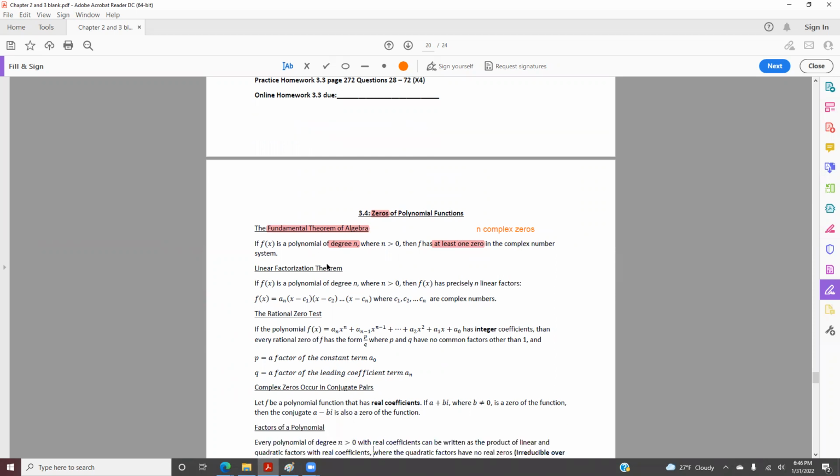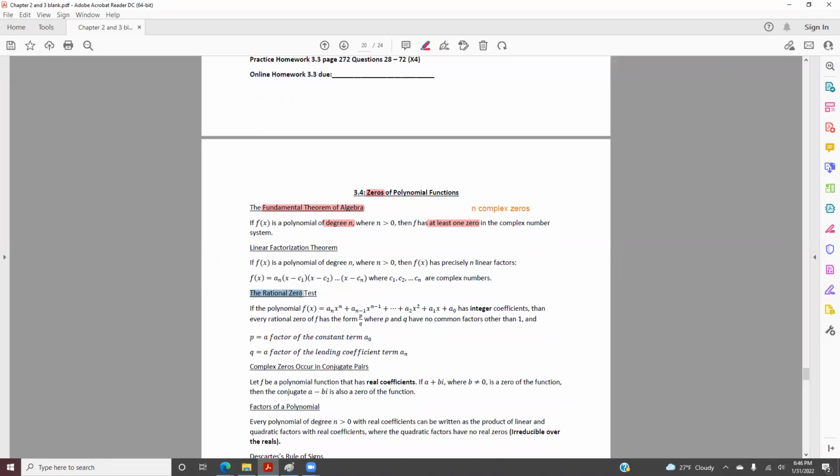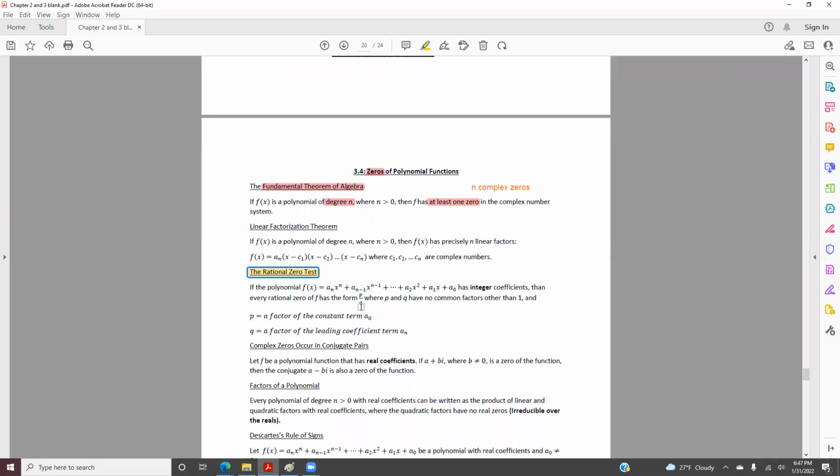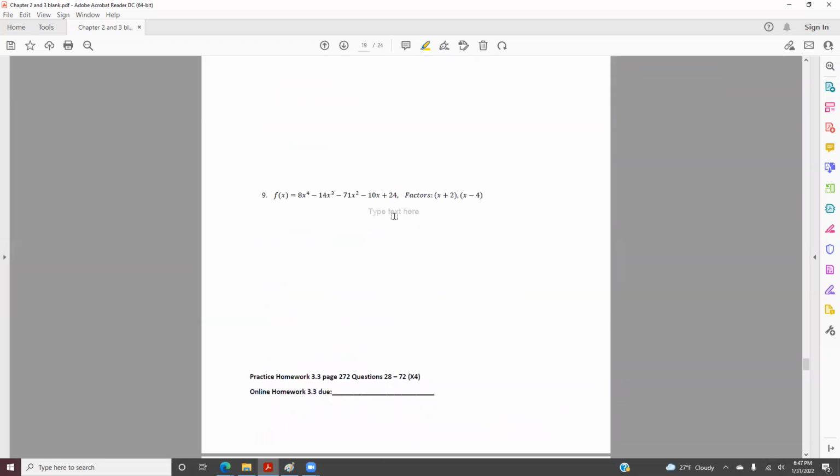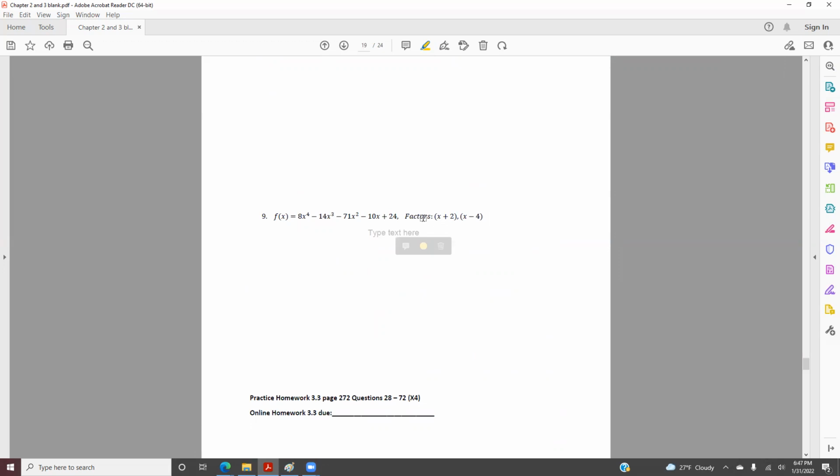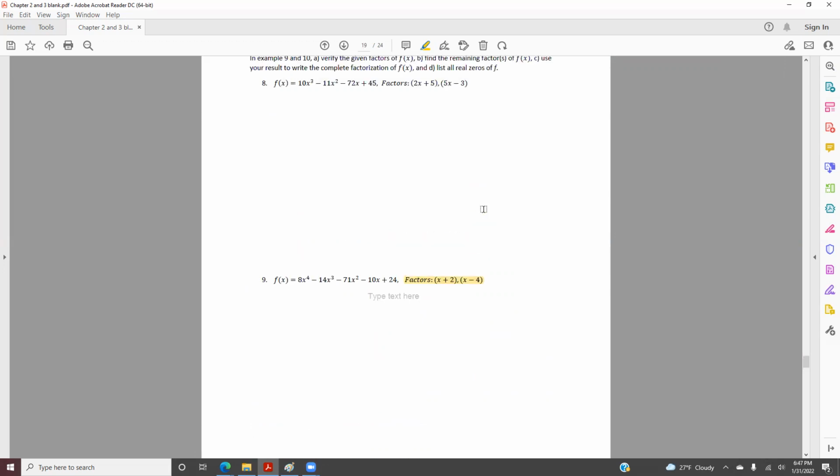Okay. So we're going to talk about the most important theorem in this case. It's called the Rational Zero Theorem. Then I will teach you what the complete linear factorization is. What is the Rational Zero Theorem? Now, if you look back at 3.3 that I taught you last time, I gave you the zeros or the factors.